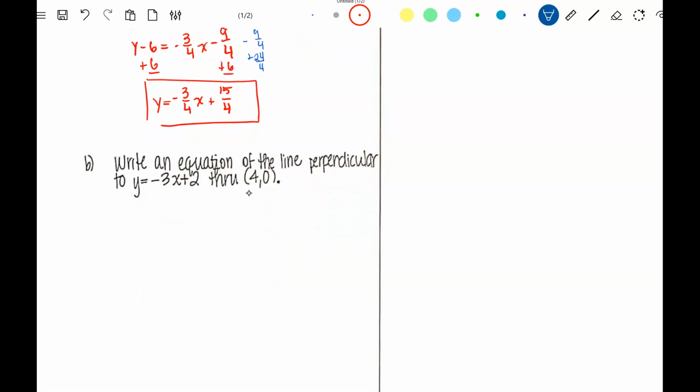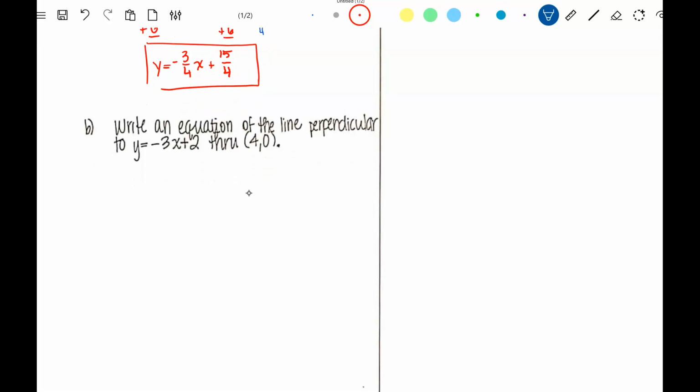Okay, B says write an equation of line perpendicular to y equals negative 3x plus 2. So this slope is negative 3 over 1. Perpendicular slope, you flip the fraction and you change the sign. Since the original slope was negative, my new slope is going to be positive.